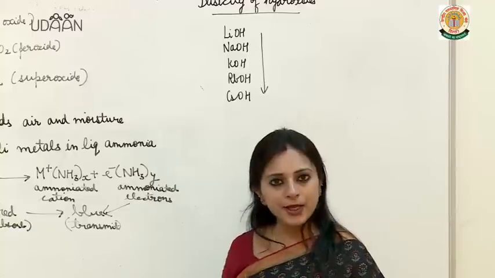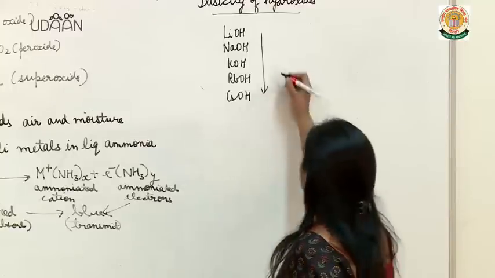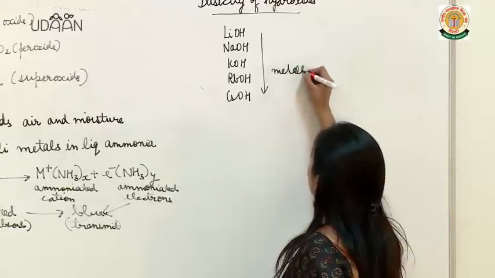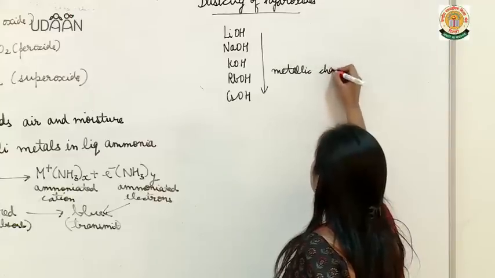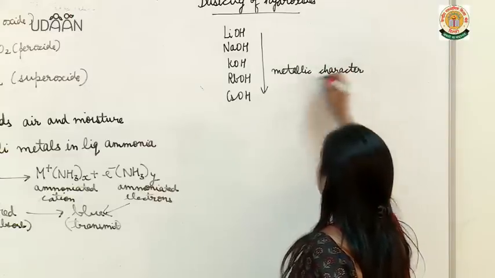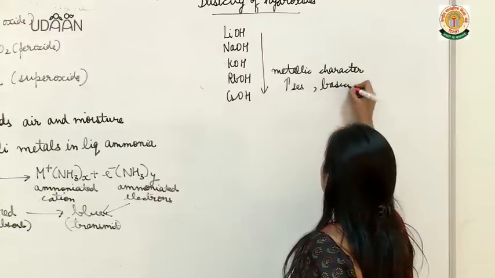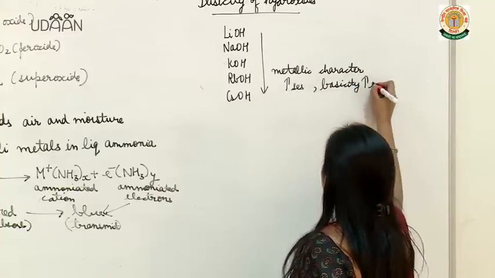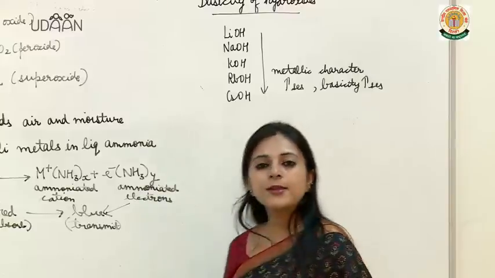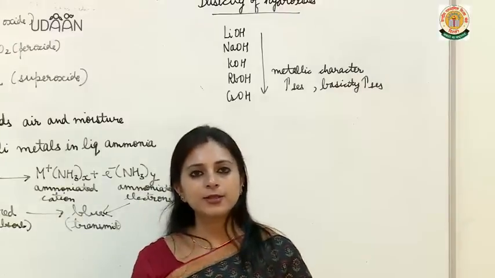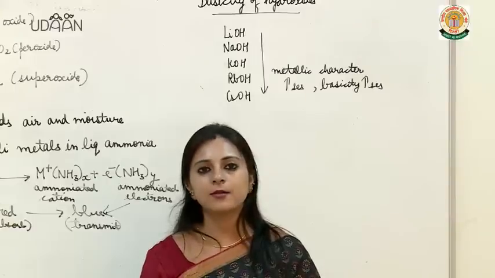Down the group metallic character is increasing. So if metallic character is increasing down the group, automatically the basicity will increase. So down the group basicity of these hydroxides is increasing.